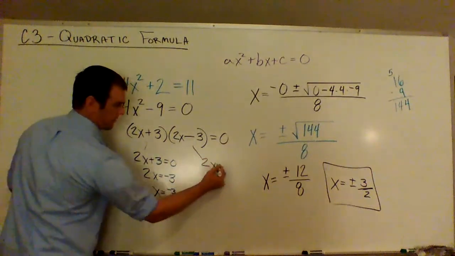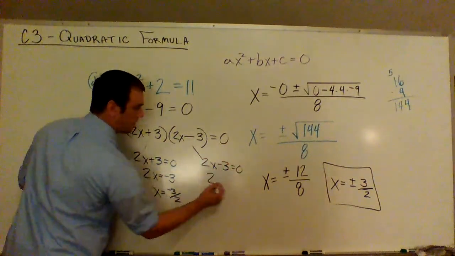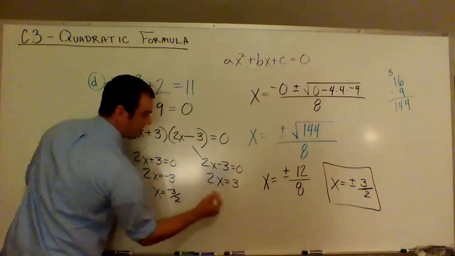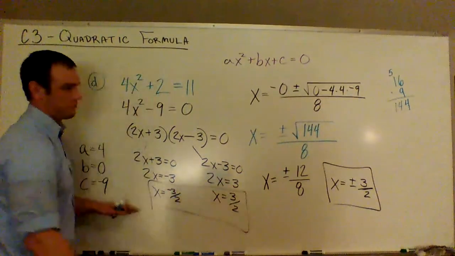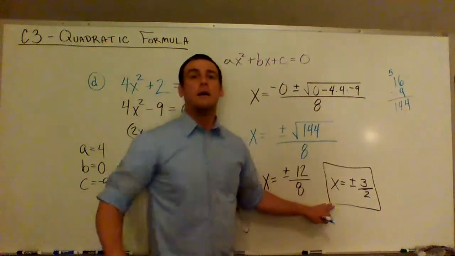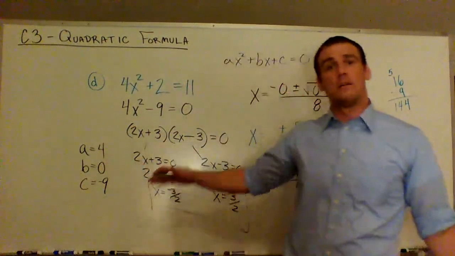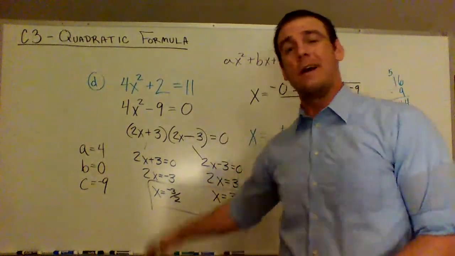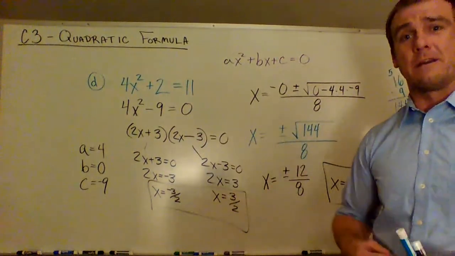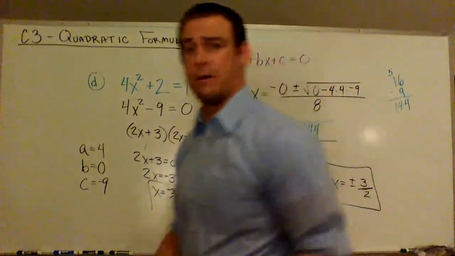Here we've got 2x minus 3 equals 0. 2x equals 3. x equals 3 over 2. Isn't that the same exact thing that we just found? So guys, if you know how to factor, obviously that would have been a better choice. But on your homework for C3, I want you to use the quadratic formula for everything. We're practicing the quadratic formula.